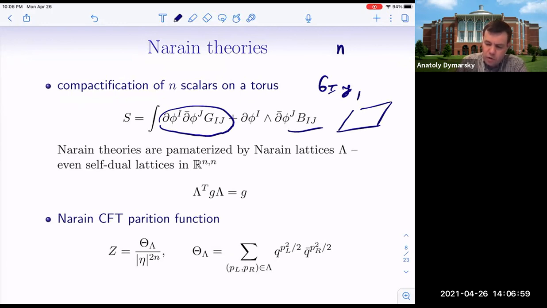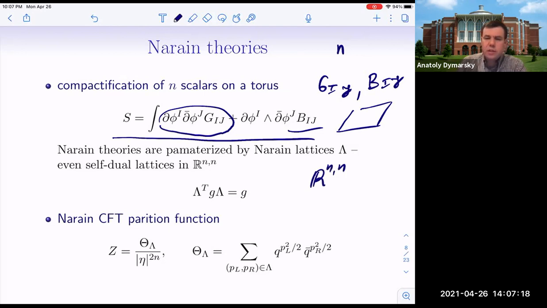So basically, your Narain theory is specified by 2 matrices, Gij, which is symmetric, and Bij, which is antisymmetric. Those Narain theories are uniquely identified by Narain. Starting from this description, you can have a Narain lattice. Narain lattice is even self-dual lattice in Lorentzian space with a signature n, n.